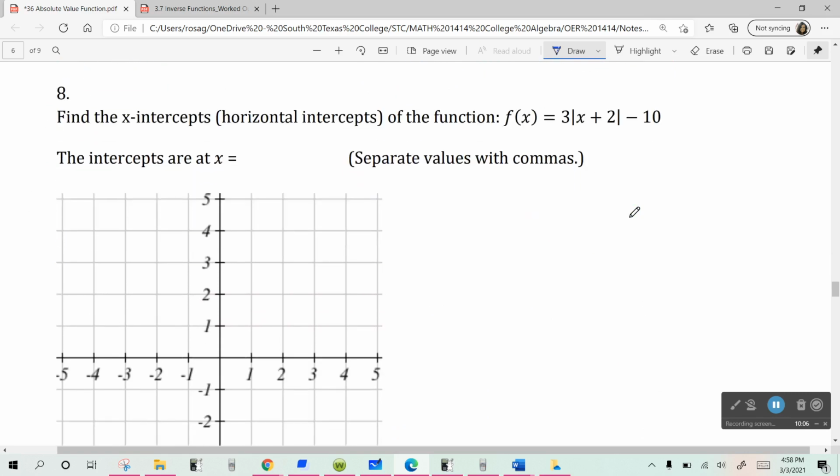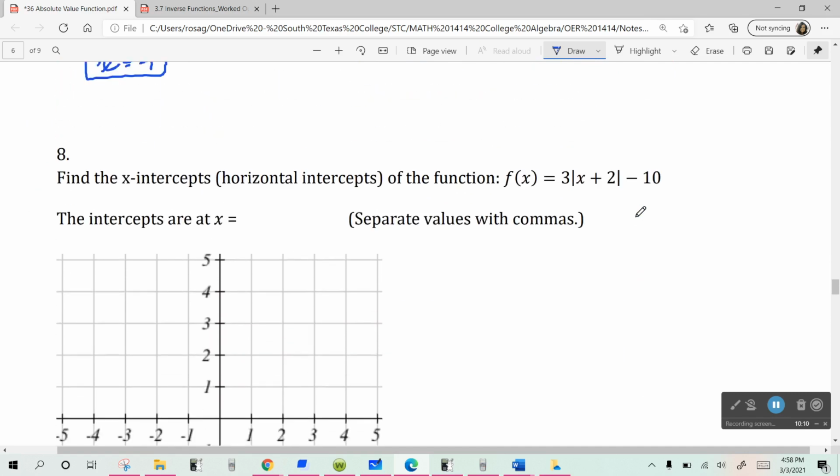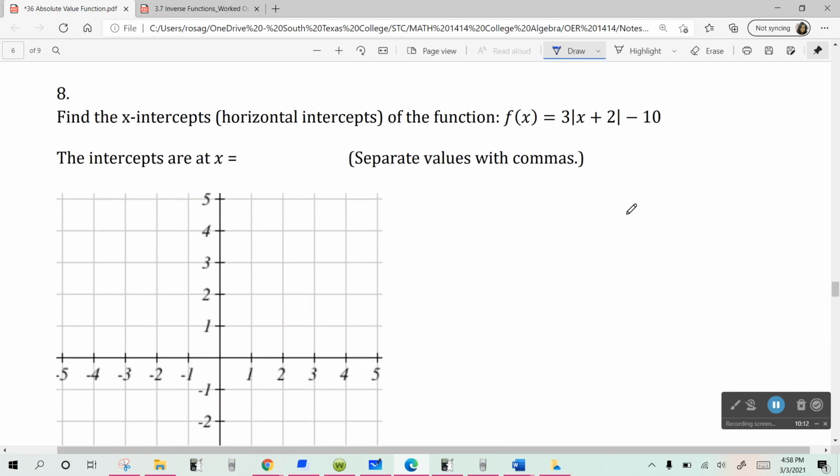Find the x-intercepts of the function. The x-intercepts of the function is still just solving as if this equals 0. So we're basically setting it equal to 0 and solving. So plus 10, plus 10.